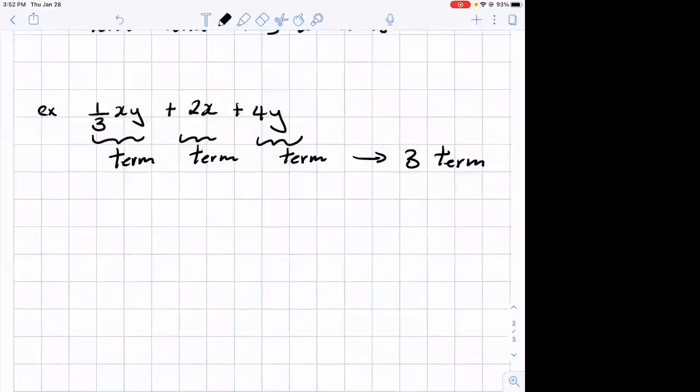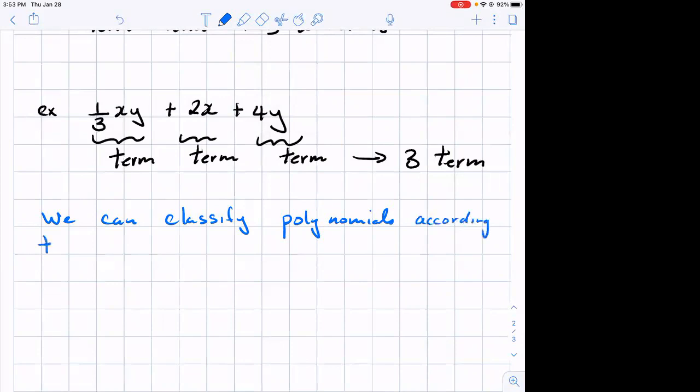Now, something you'll notice is that polynomials can be classified further. So we can classify polynomials according to the number of terms present.